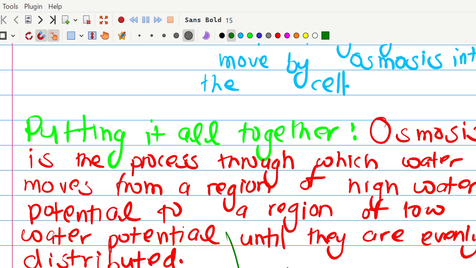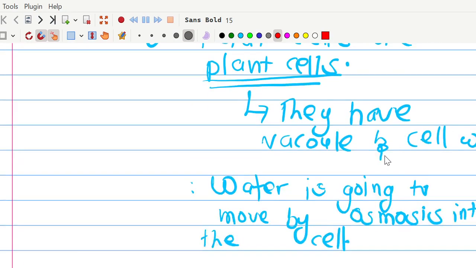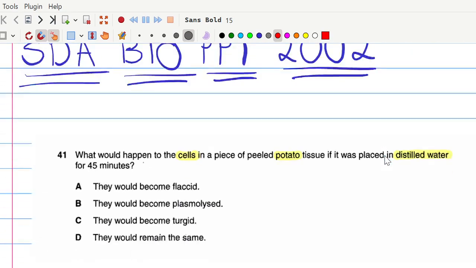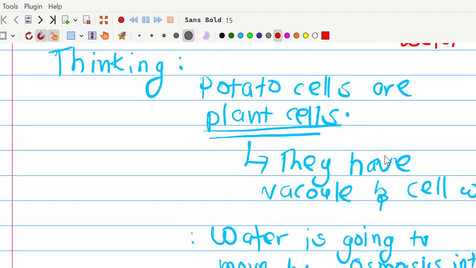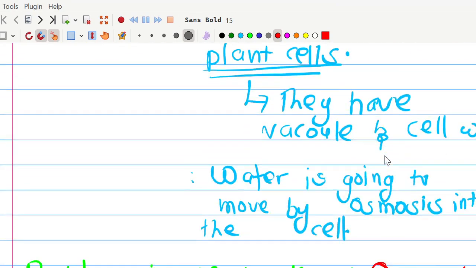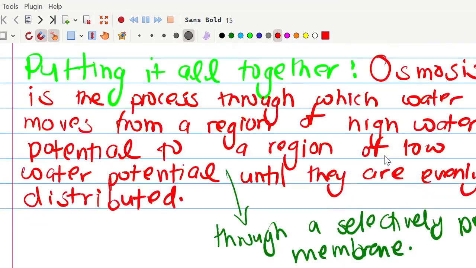There has to be a membrane for your answer on osmosis to be accurate. That's the definition of osmosis. Once more, remember why we are doing all this: identify the keywords, the plant cell, vacuole, cell wall, water, osmosis, and put it all together with the definition of osmosis.